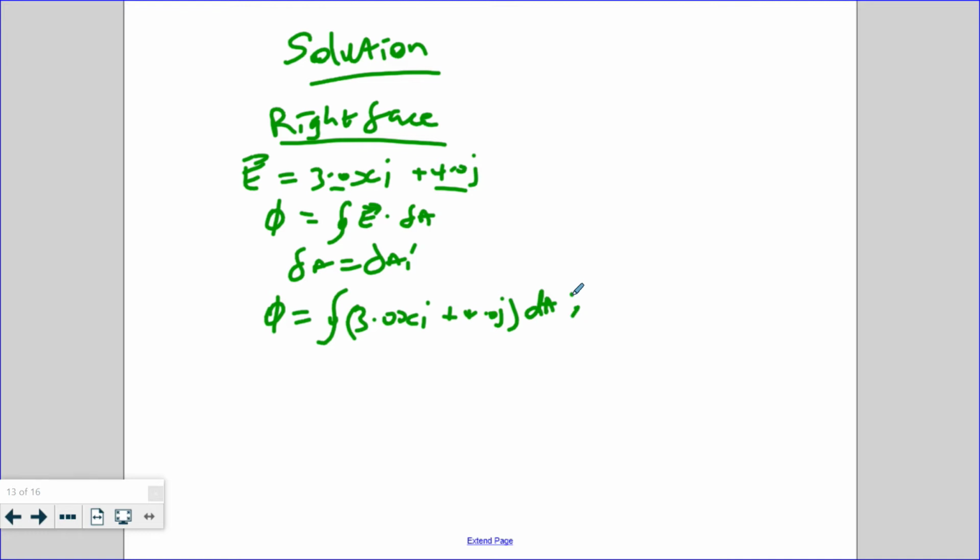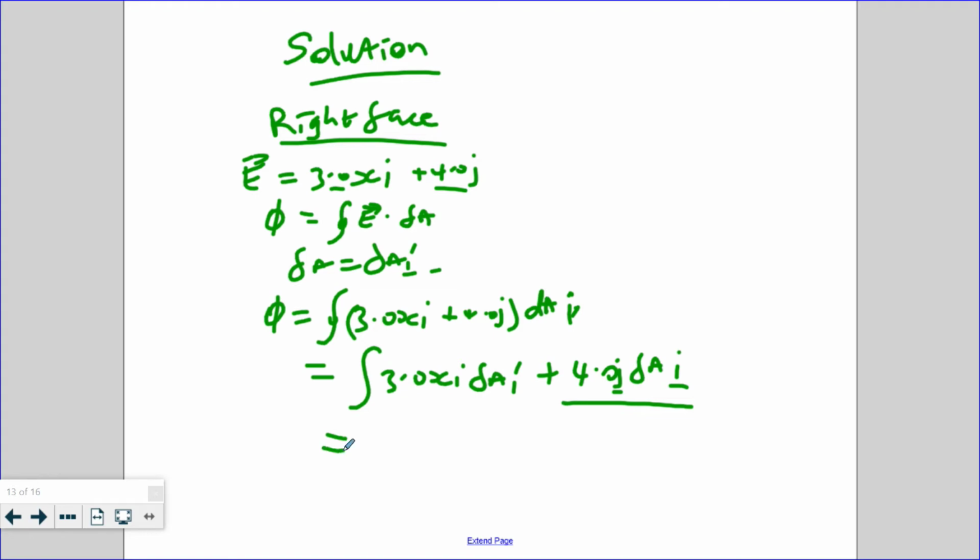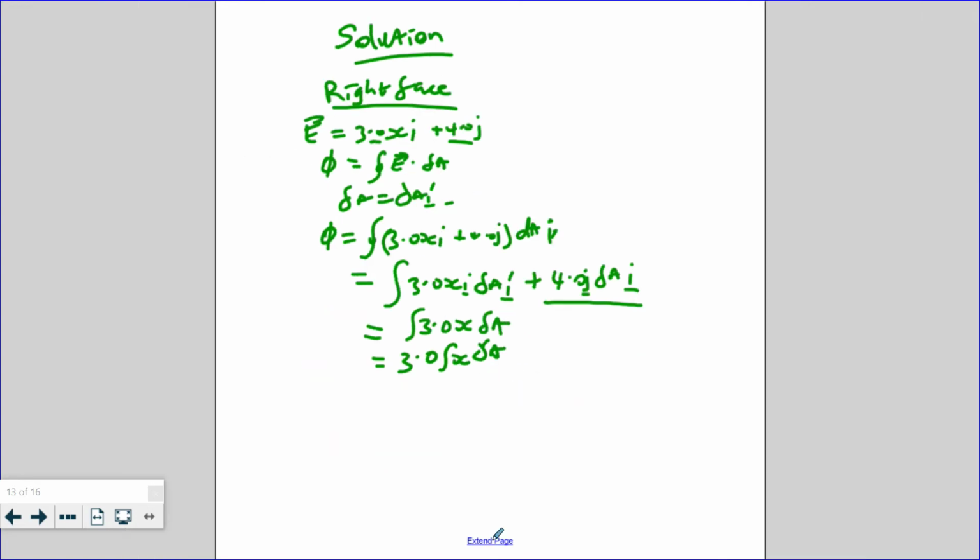Let us now multiply. In multiplying this, we obtain the integral of 3.0x i times dA i, plus 4.0 j times dA times i. You know that j dot i is 0, so this part becomes 0, and we obtain the integral of 3.0x times the change in the area, because i dot i is 1. The 3.0 is a constant, and x is also a constant, so it is 3.0x times the integral of dA, which is simply the area.